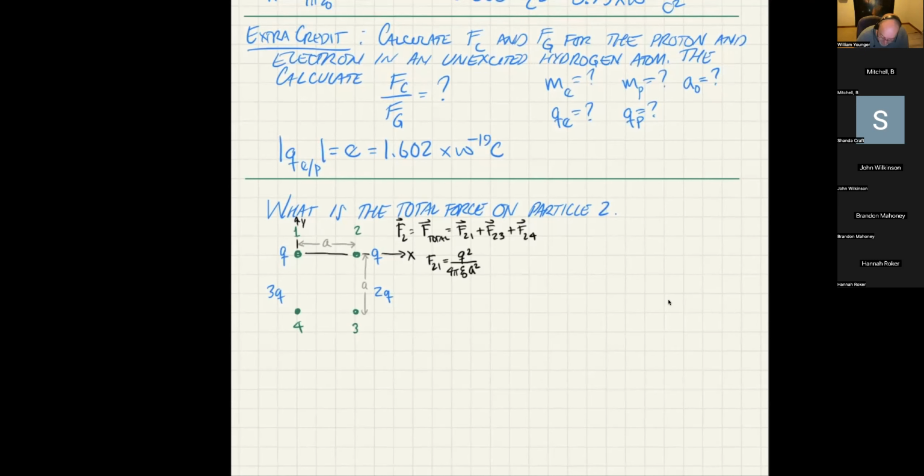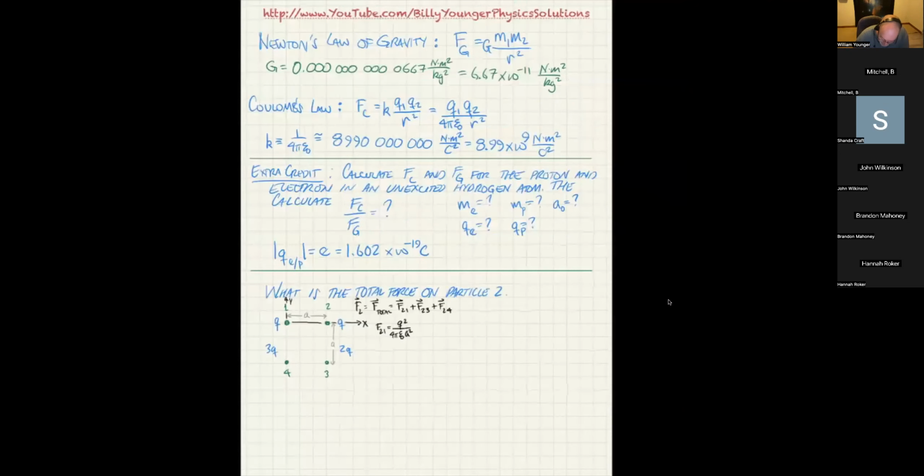What I know is that the line between them is the line along which the force is going to act. So I'm going to use another color, let's use red, and I'm going to say F21 is this way. Does that make sense to everyone?